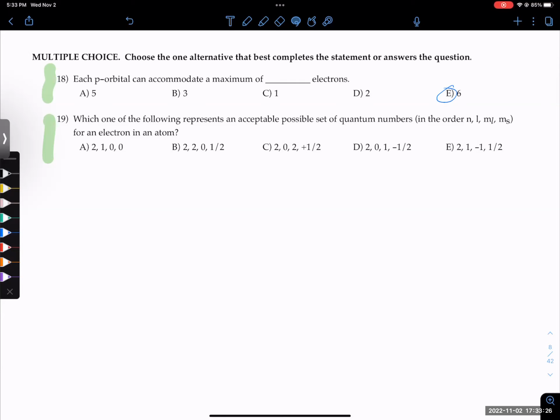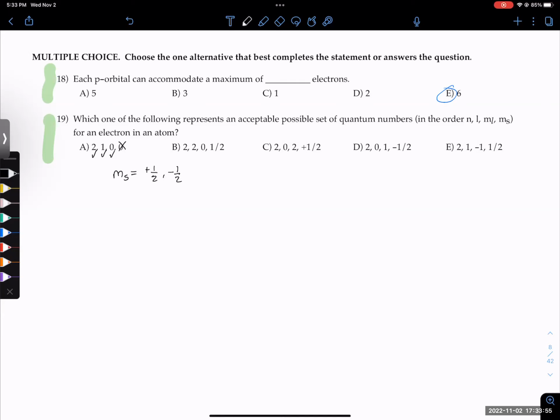So the order is n, l, m sub L, and then m sub S. For the last one, m sub S, it can only be positive 1/2 or negative 1/2. Exactly. m sub S can equal plus 1/2 or minus 1/2, like she just said. And in A, m sub S is equal to 0, which doesn't work for us, right?